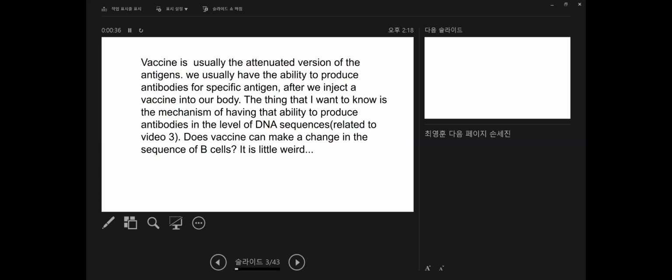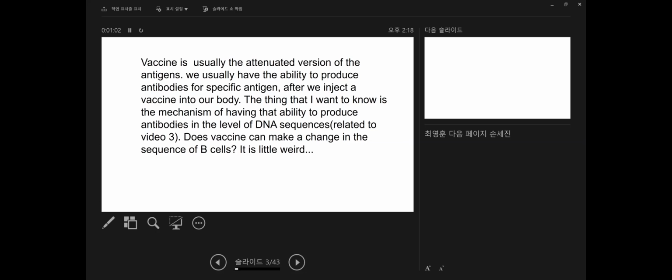And this is the key part to understand how antibodies are generated. Antibody is one part of the immune system, but it's an important part, so we start with the antibody. The immune system is of two kinds. One is the innate form, and the other is the adaptive form.